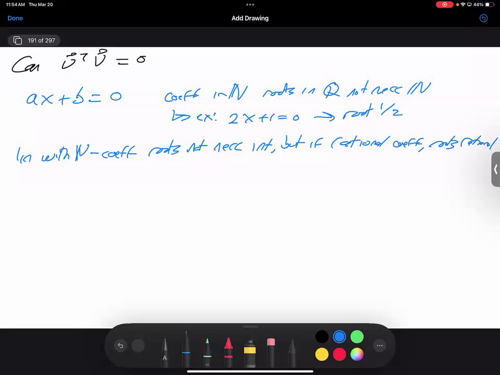What if I start looking at quadratics, ax squared plus bx plus c, with coefficients in N? What are the roots in? Do I have to go as far as C? I need all of C, anything in C can occur.